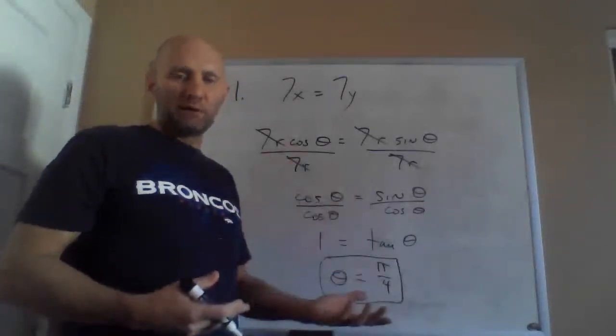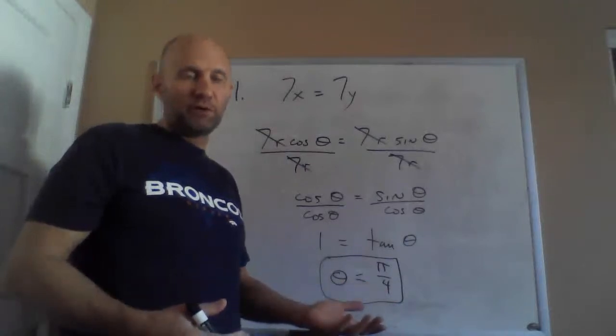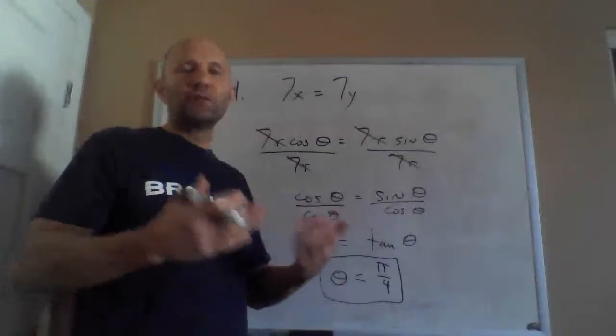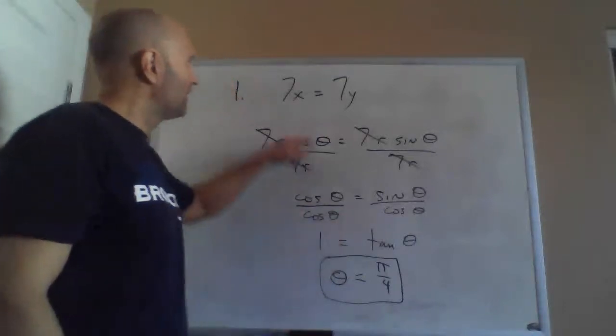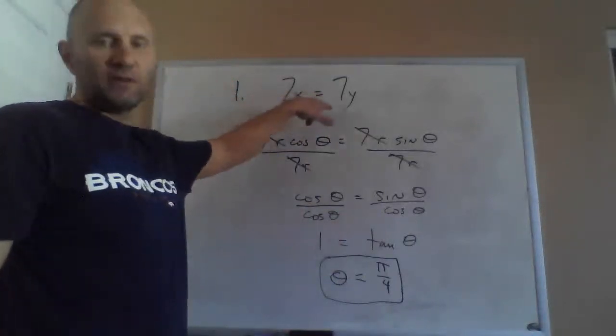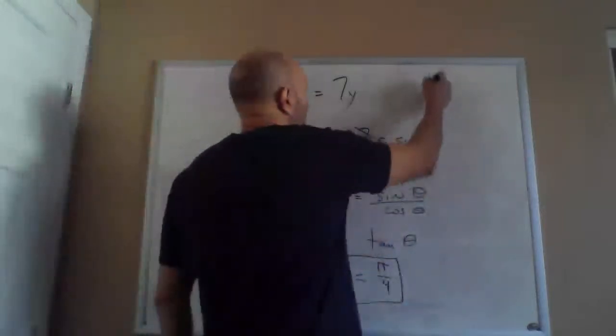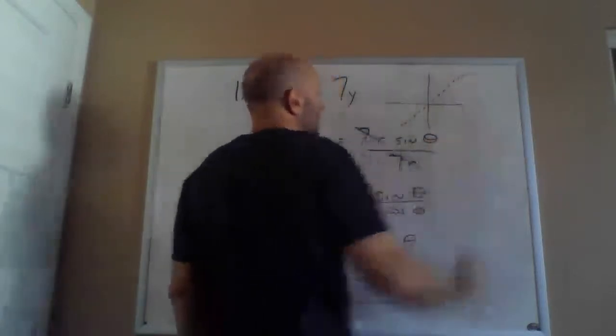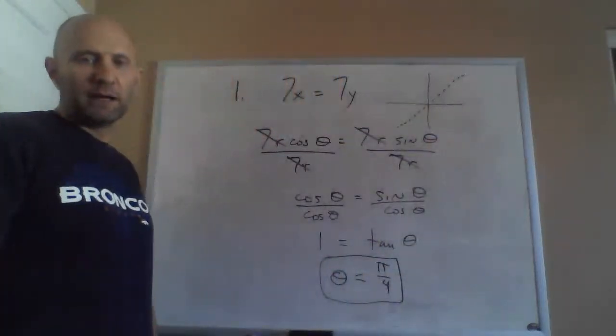Whether I'm dealing with the rectangular coordinate system or the polar coordinate system, essentially it's telling me it's the same graph. So 7x equals 7y on a graph, what does that look like? Well, it's the 45-degree line, right?